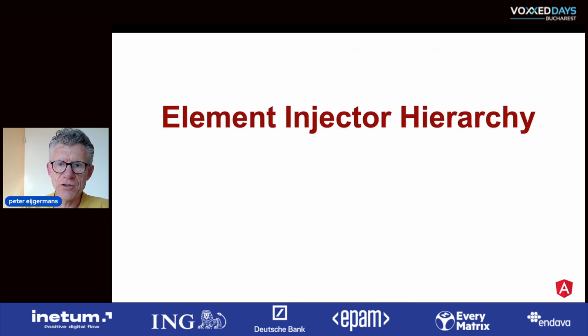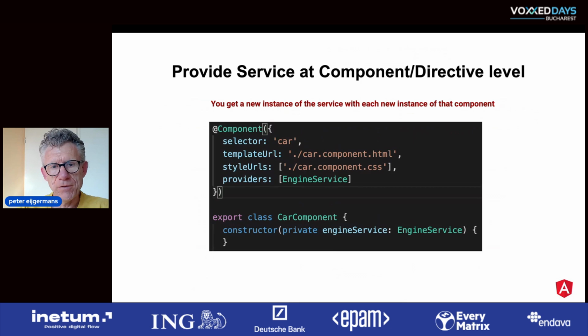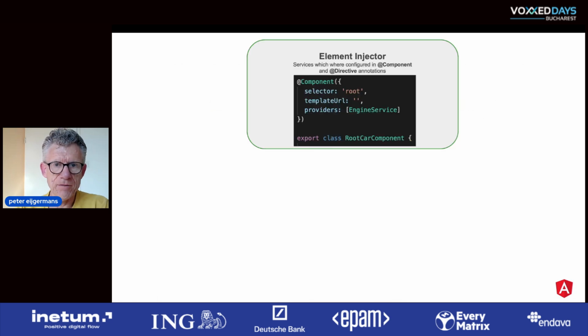Element injector hierarchy. How does that work? Here we're talking about providing services at component or directive level. This is okay. And you see how the element injector starts at the top.